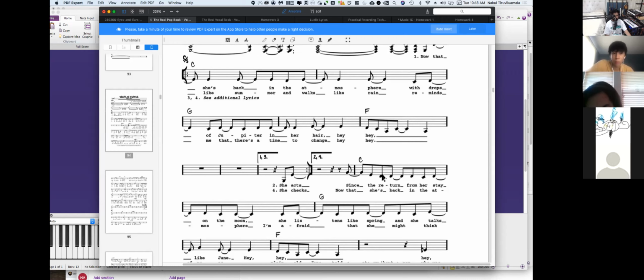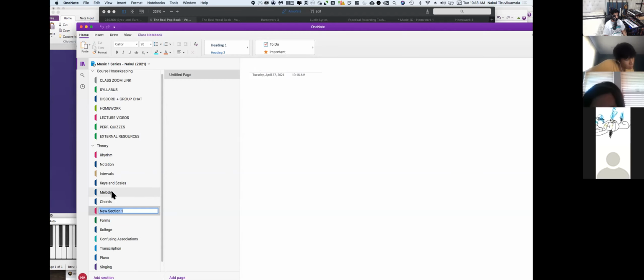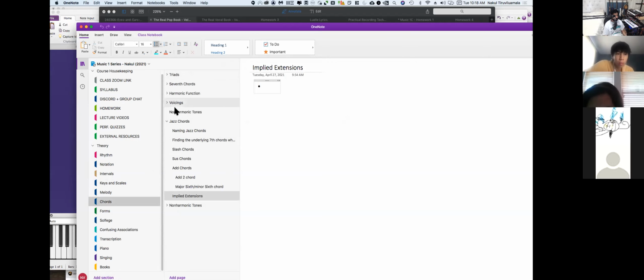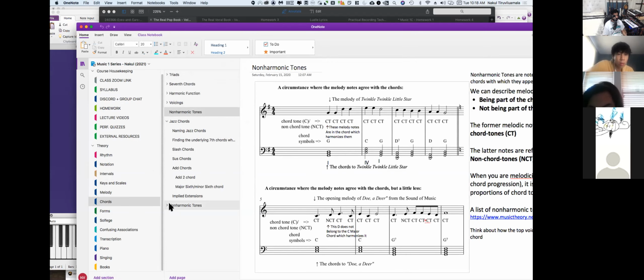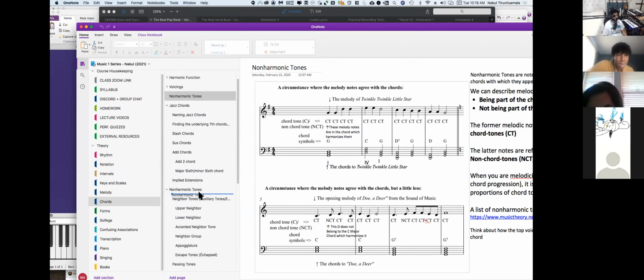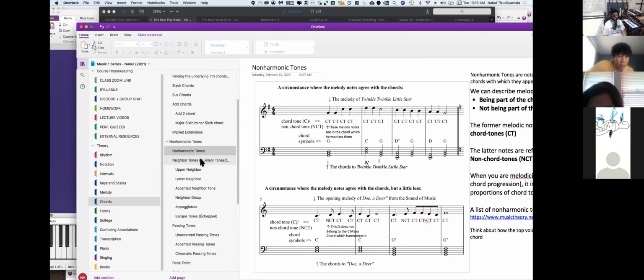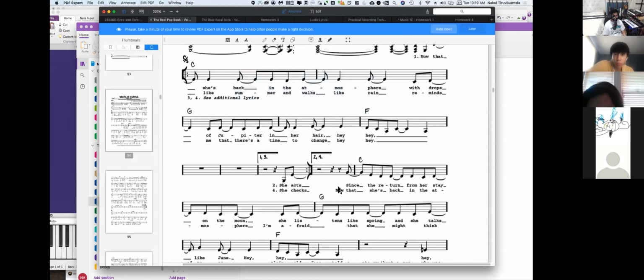And then what about this? One of the things I could say about this is that this is in some ways an incomplete structure.